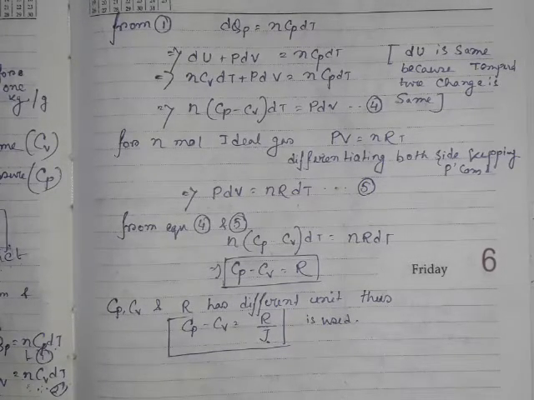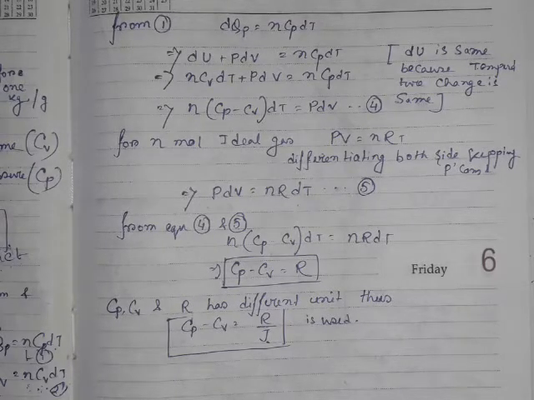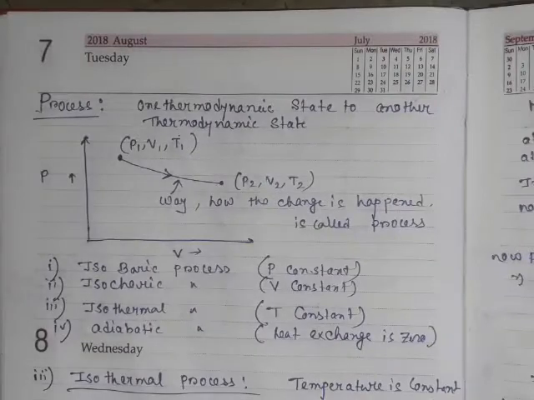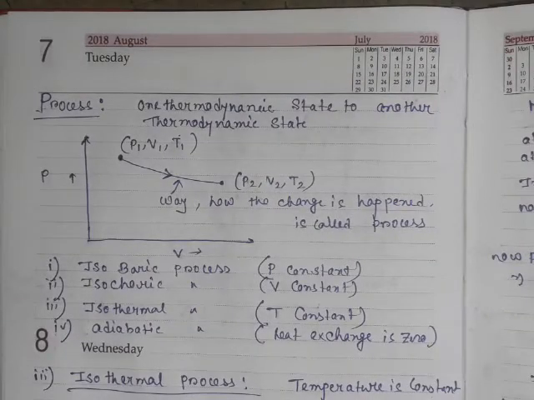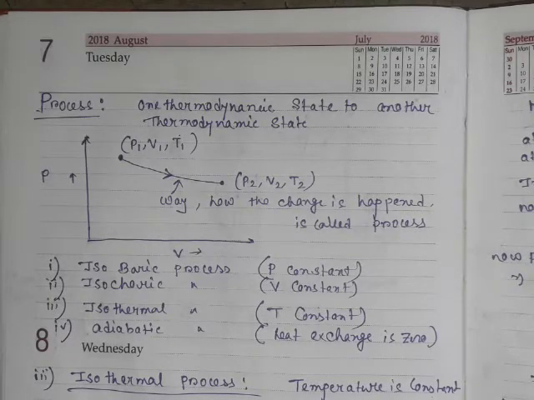Okay, so next thing that we will learn in today's class will be the process. Okay, so what is a thermodynamic process? As we already know about the thermodynamic state, equation of state, equilibrium, the process is how a system changes its thermodynamic state.